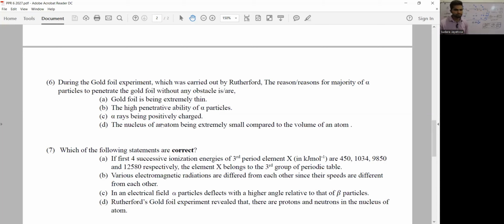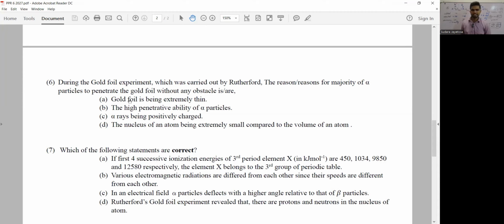Understood that? So the reasons will be the Goldfoil being extremely thin and the nucleus of the atom being extremely small. Those are the 2 reasons.